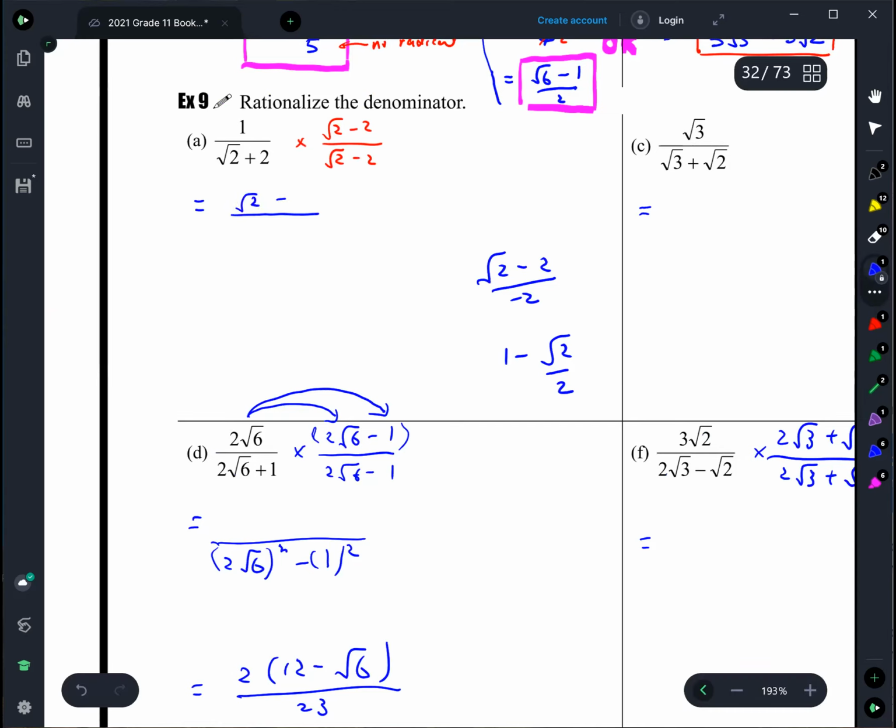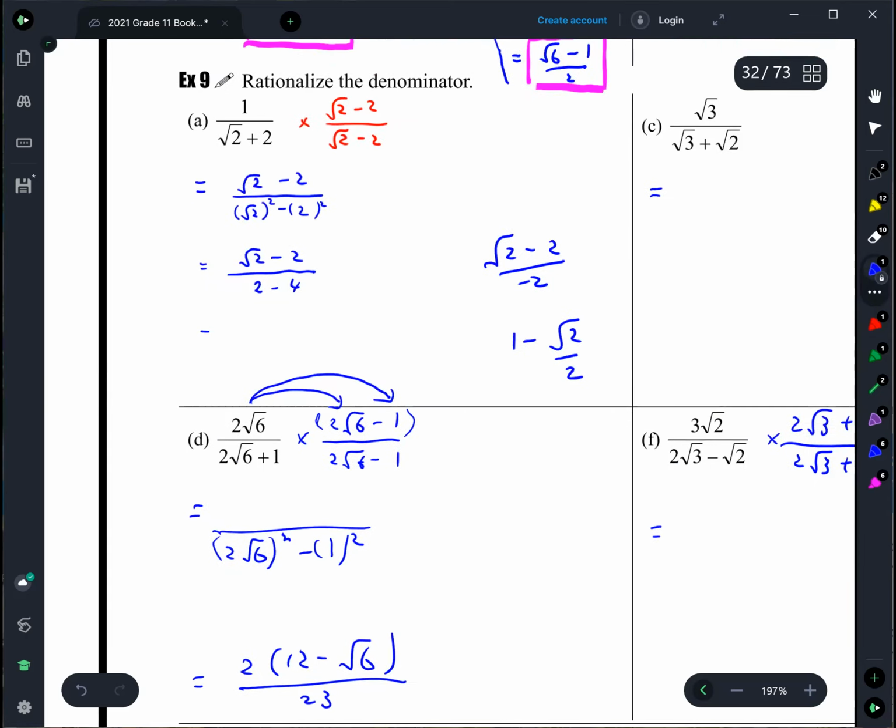Denominator, you square each of them: you square the root 2, you square the 2. So you have square root 2 minus 2 on the top. Bottom is 2 minus 4, so it simplifies into root 2 minus 2 over negative 2.